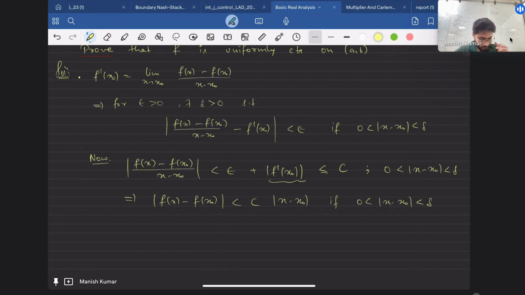Now you can see this constant c is depending on x naught, right? So directly this is not a correct way, because if you want uniform continuity, this is what you were saying.